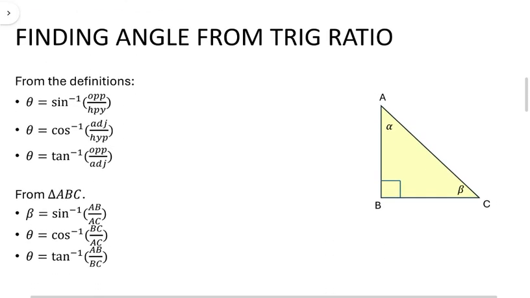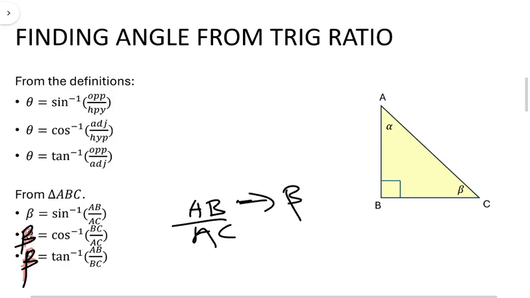So this is a simple generalization. Apologies about that one. This is beta, not theta. What I'm saying here is, if I have the ratio AB over AC and I'm looking for beta, what would you do?